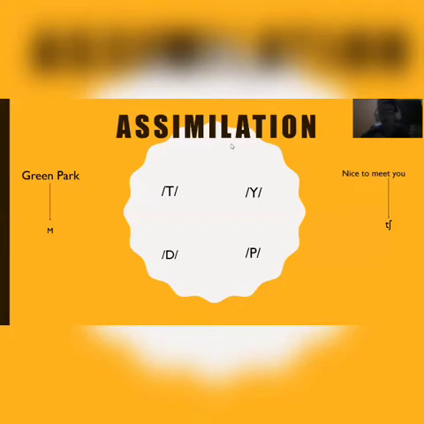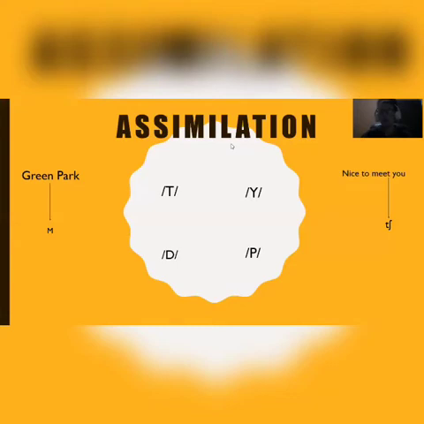In connected speech, assimilation causes a word to change to become more similar to the sound of the next word. This example we saw in class, but I think it is a good example: green park.